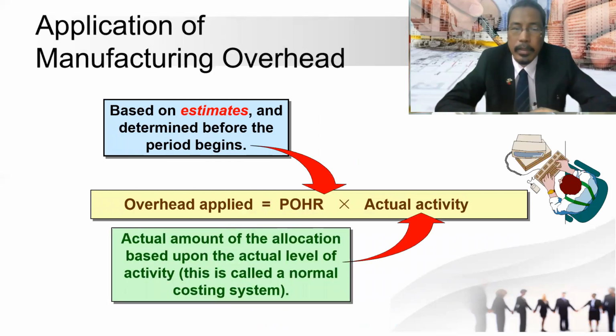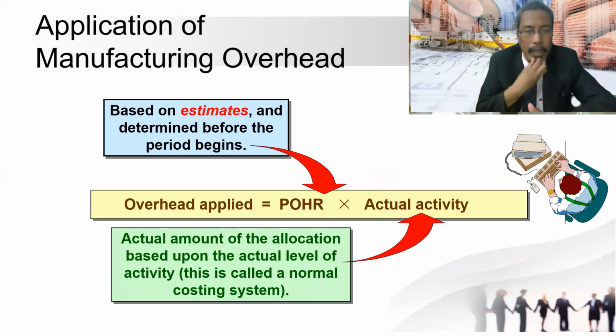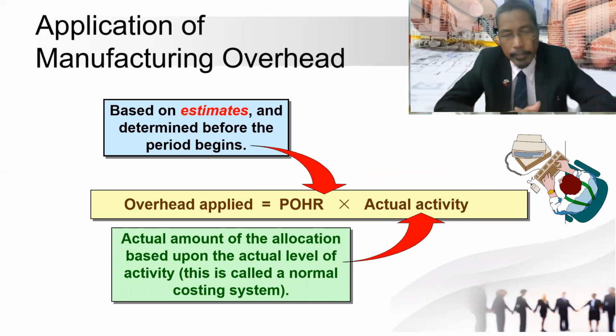Application of manufacturing overhead is based on estimates and determined before the period begins. So overhead applied is equal to the predetermined overhead rate times the actual activity, the actual amount of the allocation base based upon the actual level of activity. This is called a normal costing system.